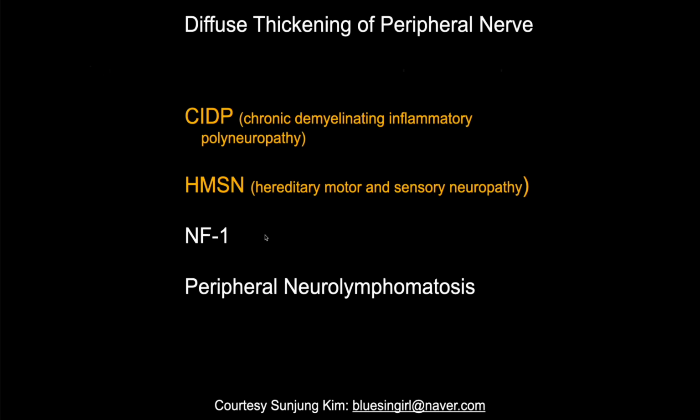Most of these are put under the term Charcot-Marie-Tooth. Also neurofibromatosis 1, and you can also get peripheral neurolymphomatosis that can produce diffuse thickening of the nerves. But by far the most common one that I've seen in practice is Charcot-Marie-Tooth.